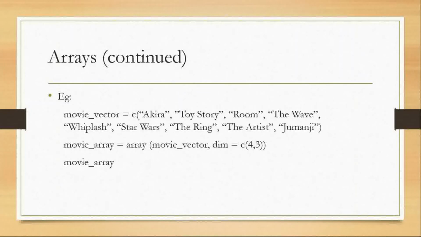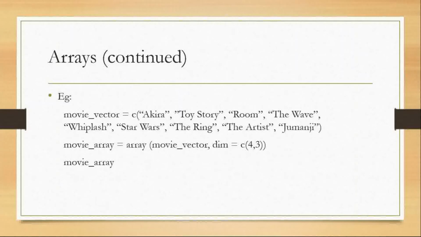Here in the example shown on the screen, we are creating a vector with values of character data type. So the movie vector variable contains a list with values: Akira, Toy Story, Room, The Wave, Whiplash, Star Wars, The Ring, The Artist, and Jumanji.